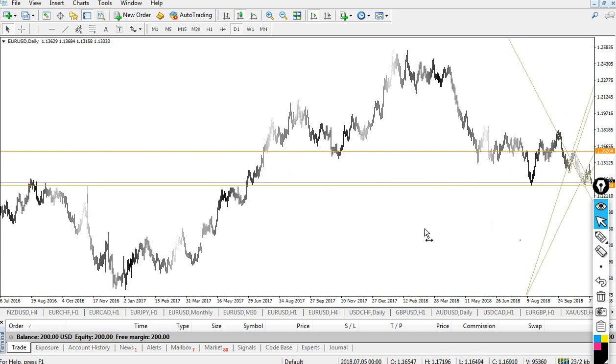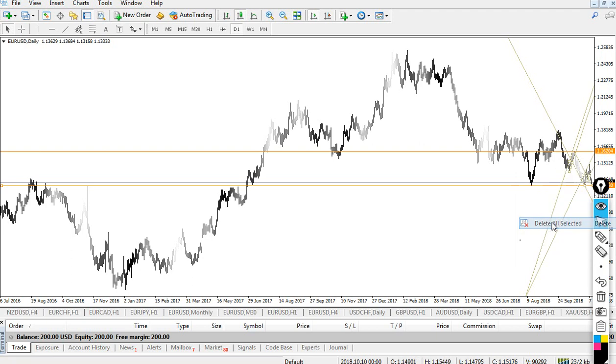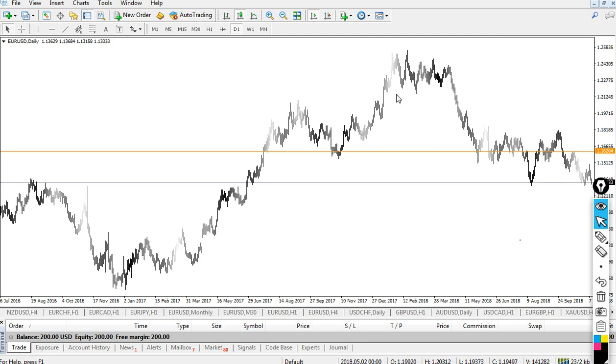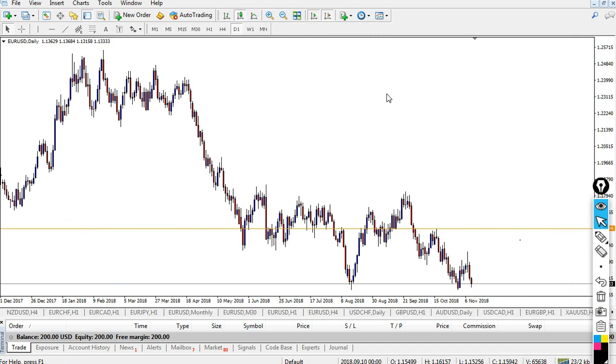Now where are we and what are we doing here? First we have to clear all these objects so we can easily understand what's going on. Now I'm maximizing it so it will be easier to understand in a candle way.